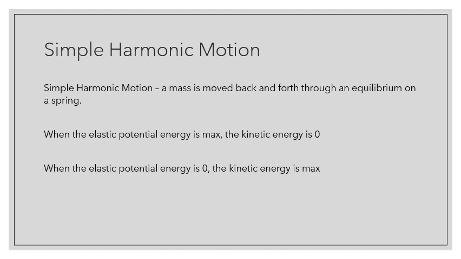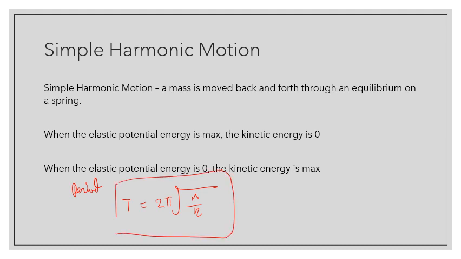You can also find the period of this motion, and that is T is equal to 2 pi times the square root of m over k. m is the mass in kilograms, k is the force constant, and 2 pi is 2 times 3.14, so 6.28. T is the period in seconds, and frequency is always equal to 1 over T.